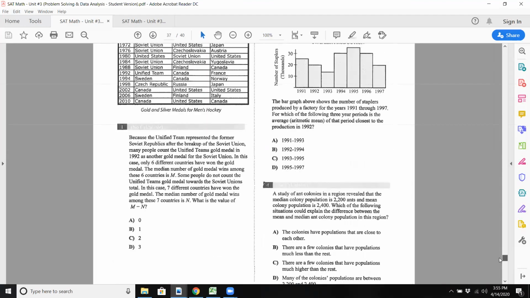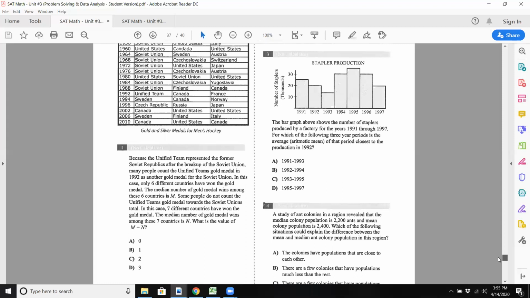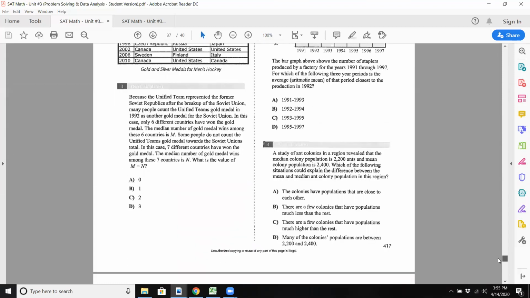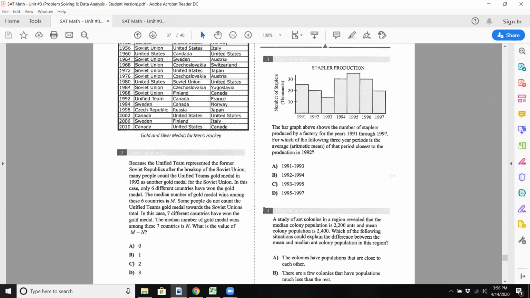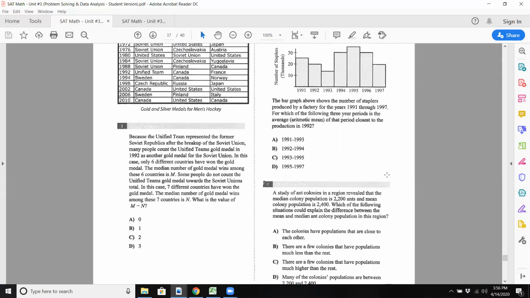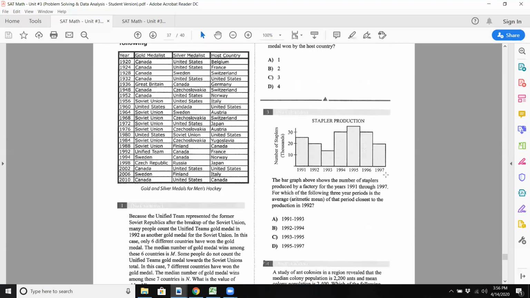And 417, 3 and 4. 4 is going to be a little weird, but I'll go over if you guys are stuck. So you might want to write that down somewhere. So 406, 1 and 3, 417, 3 and 4. Those are the problems you guys are going to be working on right now.